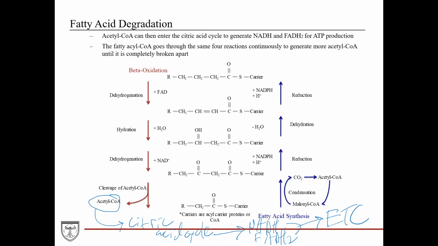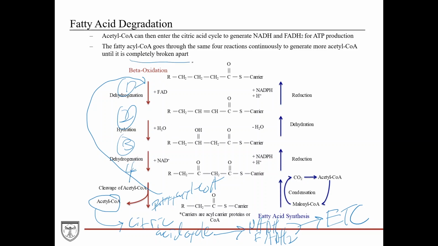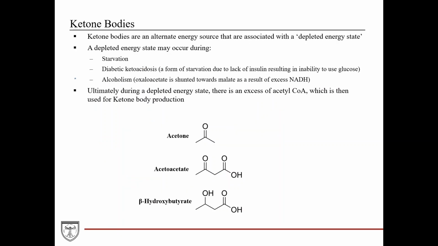When you've used up your readily available glucose and broken down the available glycogen stores, then you would switch to using fatty acid oxidation. And so this process continues with this fatty acyl-CoA here. Like we said, it goes back up here and goes through these 4 reactions again, and this continues until it's completely broken apart.